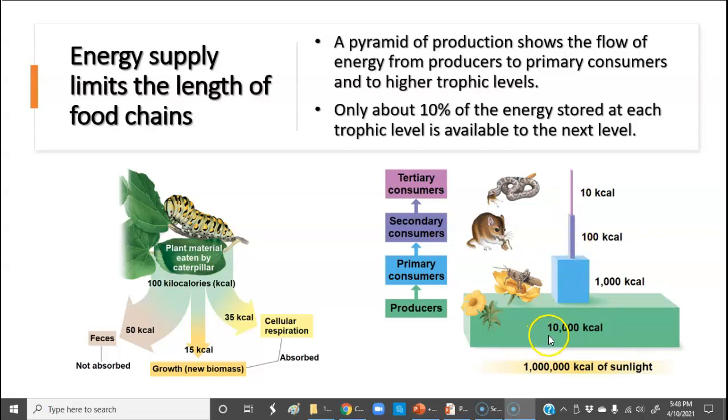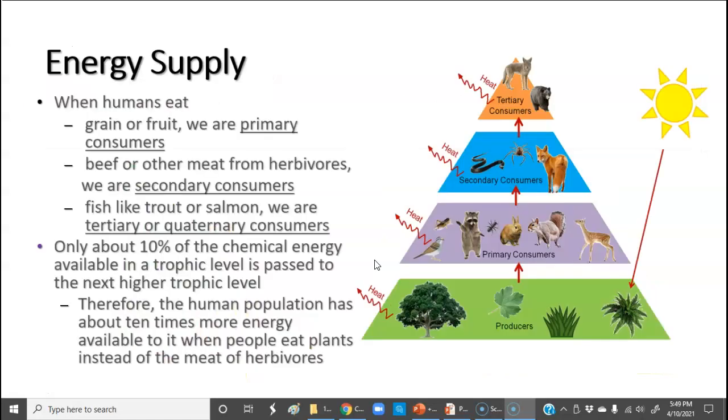So as we move up the energy pyramid, we can see that there's less and less energy available. And so what we see there also is something called a biomass pyramid, where we have a lot more producers and then primary consumers, and then fewer secondary consumers, and even fewer tertiary consumers, because the energy supply is going to limit how long that food chain can be.